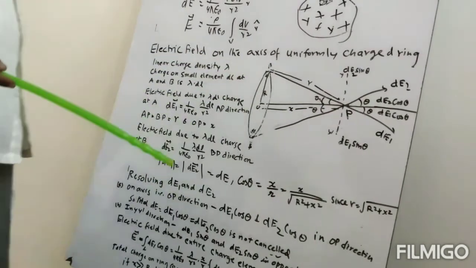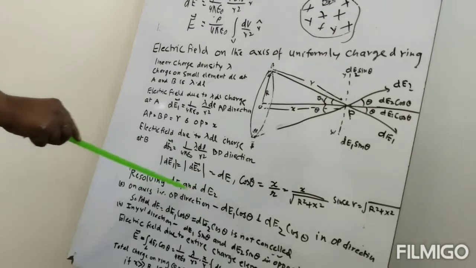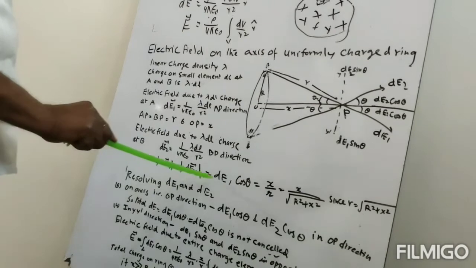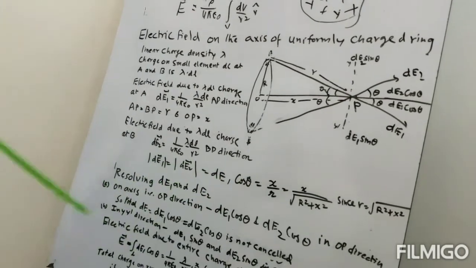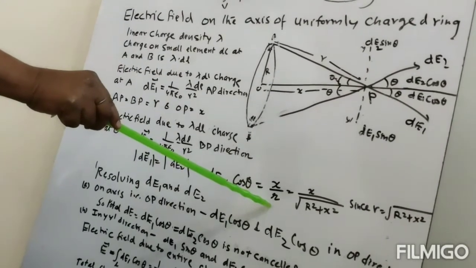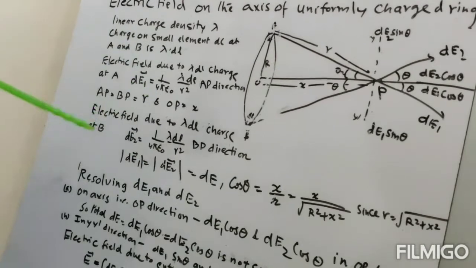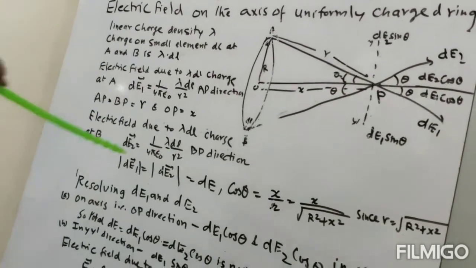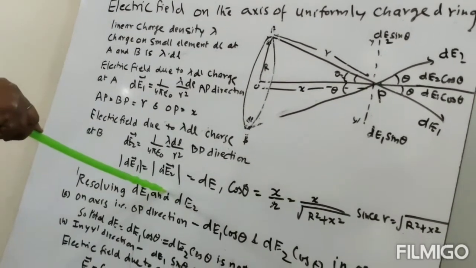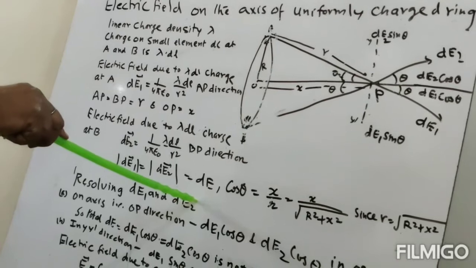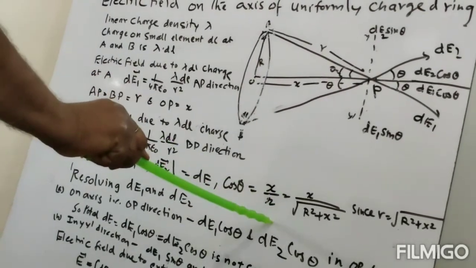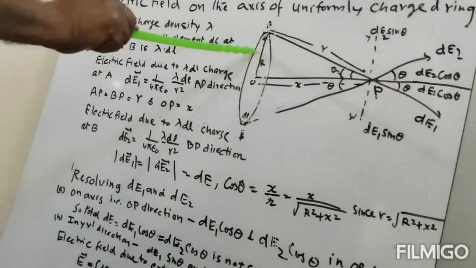So if we want to find the total electric field due to this charge at point P, we have to take the line integral. First of all, we will find the magnitude of dE1, which is equal to the magnitude of dE2, which is equal to dE. And cos theta is equal to x divided by r. This is x, this is r.